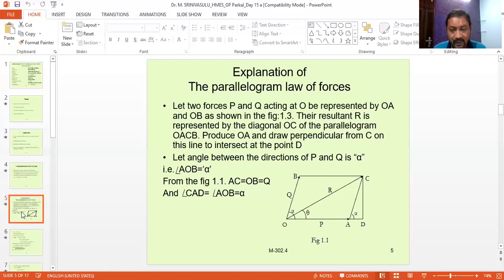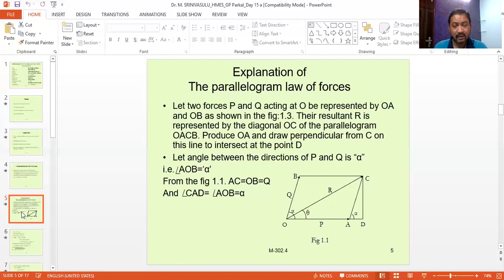Then the resultant of these two forces can be represented by the diagonal, here OC. So we have OA and OB, two sides of the parallelogram.